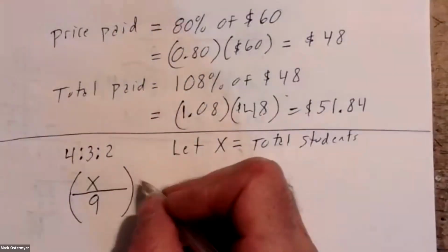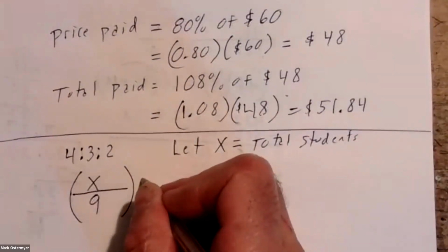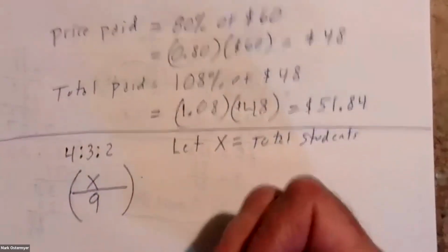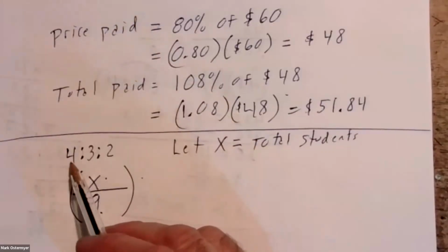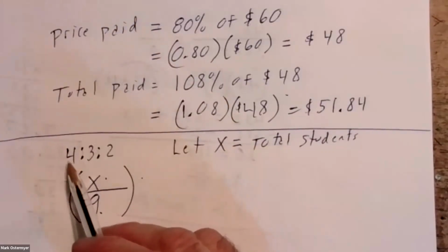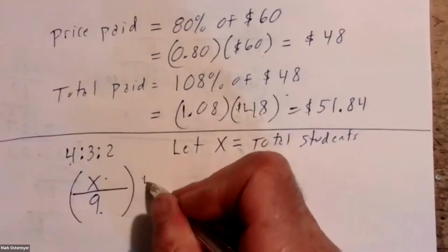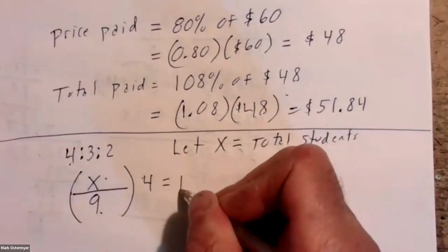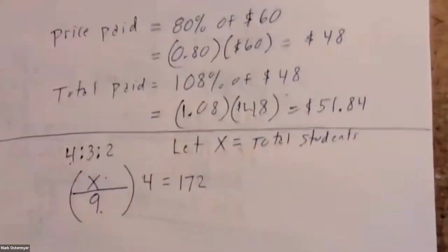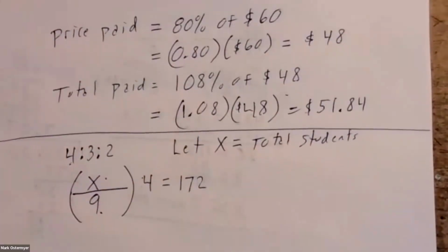We take X over 9 and multiply it by 4, because 4 is the ratio of Africans, and that has to equal 172.